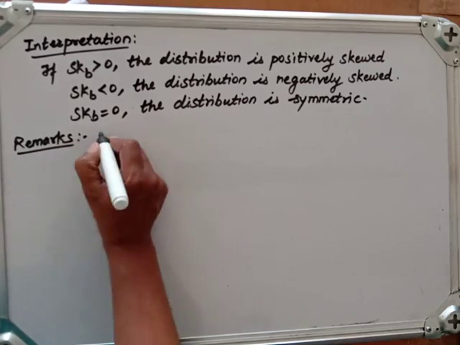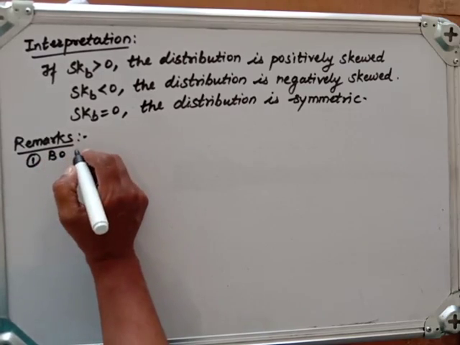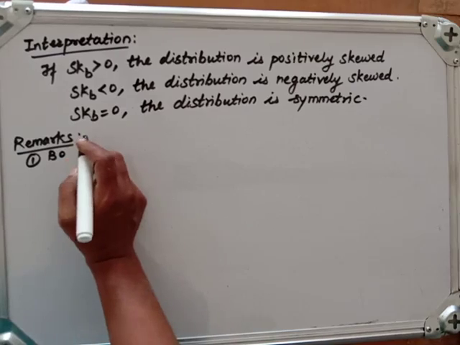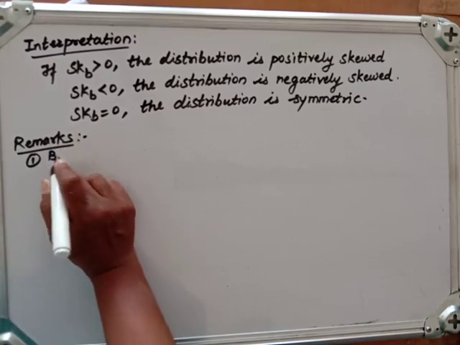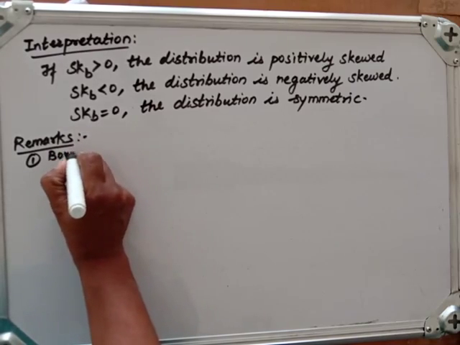Quartiles. So first remark, Bowley's coefficient of skewness is useful when the distribution has open-end classes or unequal class intervals or extreme observations are present in the data. In those situations, Pearson's coefficient of skewness cannot be used.